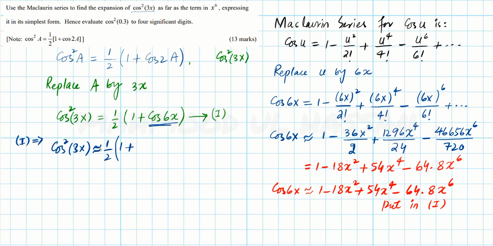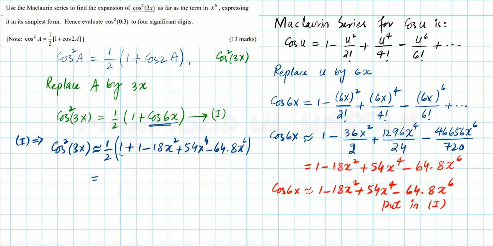So this is approximately equal to 1 upon 2 into 1 plus cos 6x, which is 1 minus 18x squared plus 54x to the power 4 minus 64.8 x to the power 6. Now divide each term by 2.